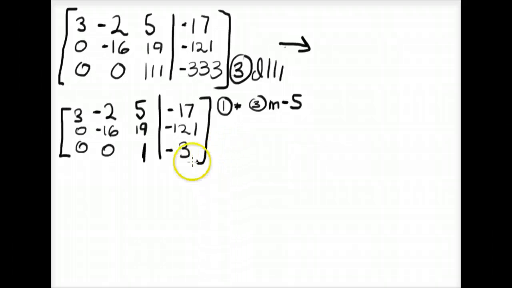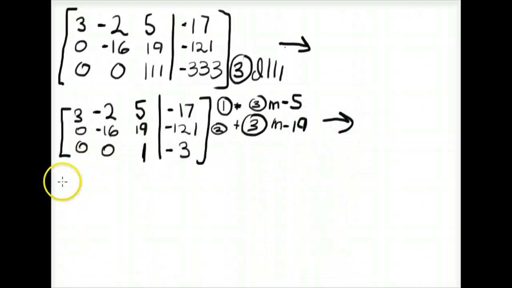At the same time, we're going to take row 2 and leave it the same, and then add row 3 multiplied by -19. Basically, what that is going to allow us to do is eliminate the 5 and the 19 here because we're making 0.